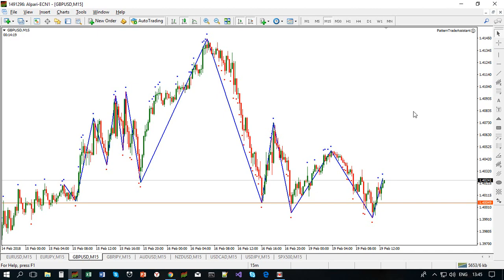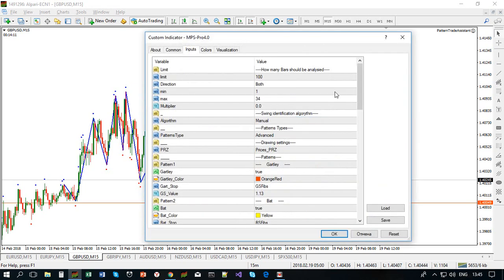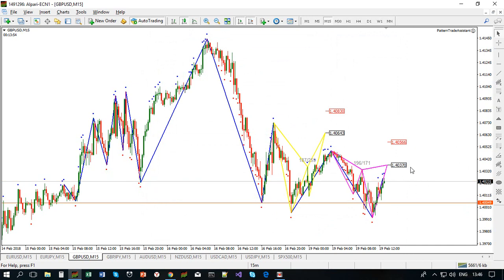Okay, I will use my software to do that, and the only thing I need to do is switch on the algorithm that I'm looking at. Right now it is manual. I typically use manual because it is not a problem for me to find any setups within 5 seconds with my eyes, but to demonstrate how it works, I will use the small swing identification algorithm like this, and you see the cypher pattern is drawn.